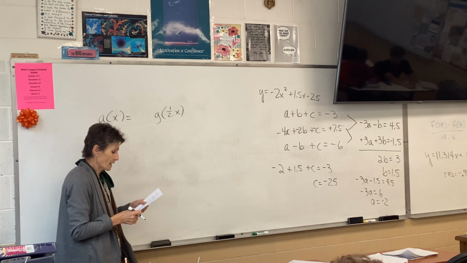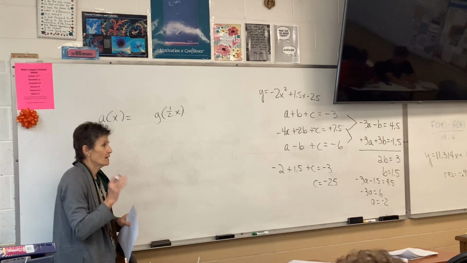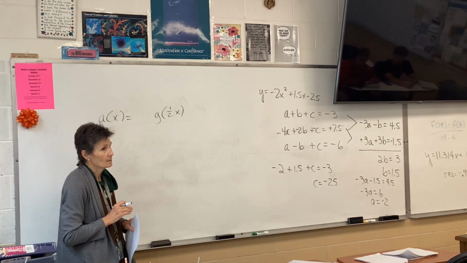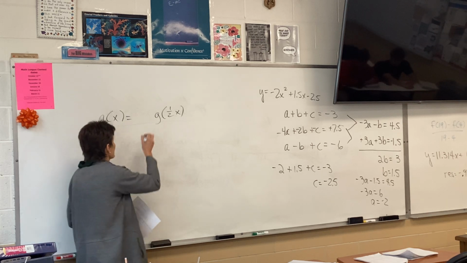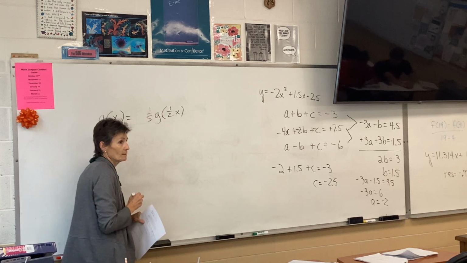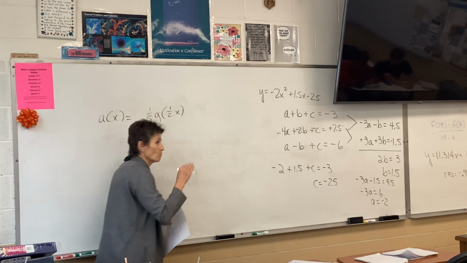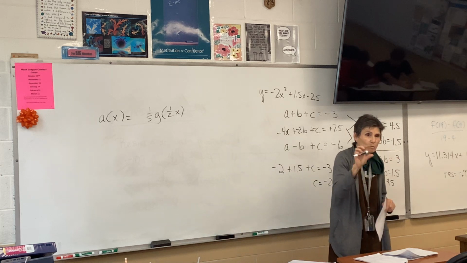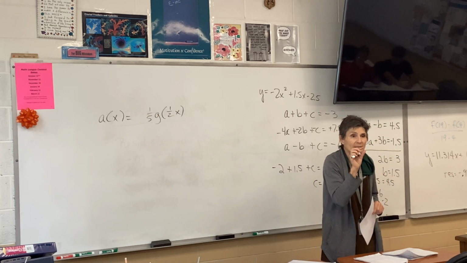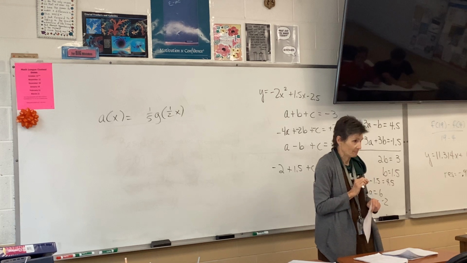A vertical dilation by a factor of a 5th, add, subtract, multiply, divide. Dilation, multiply. By what? 1/5. 1/5 is vertical, so doesn't it just stay 1/5? Remember Mr. Passwater's new notes and that awesome sentence he put in there in that box? If you're doing it to x, it's opposite.